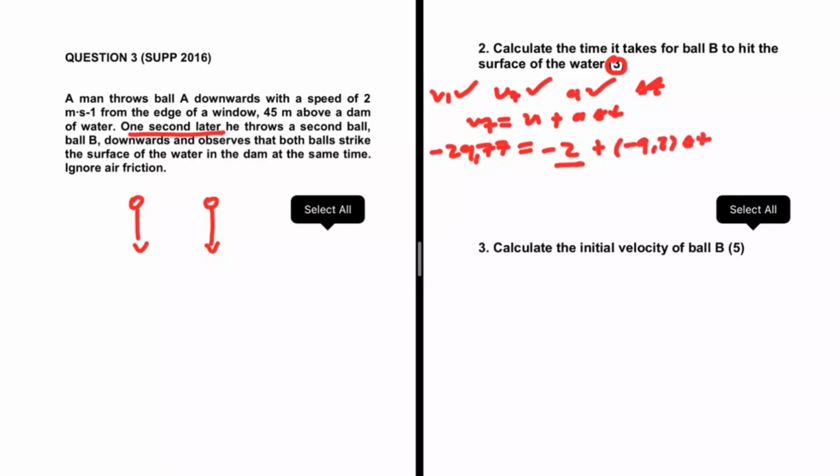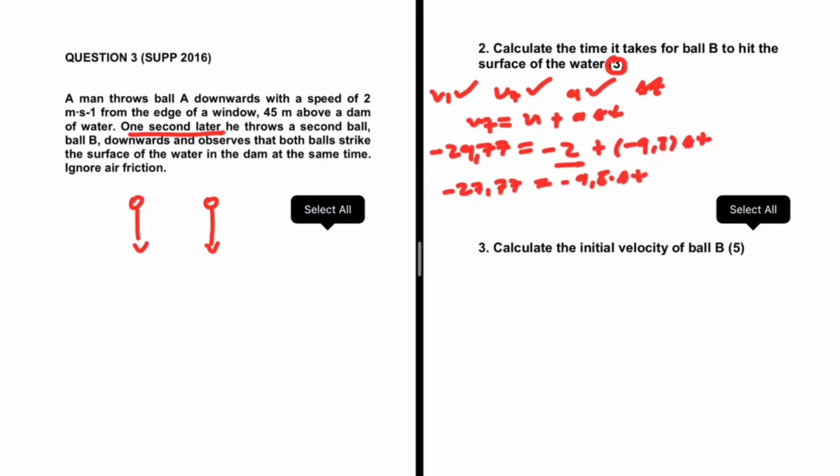If we take minus 2 to the left hand side, we're going to get minus 27.77 equals minus 9.8 multiplied by delta T.